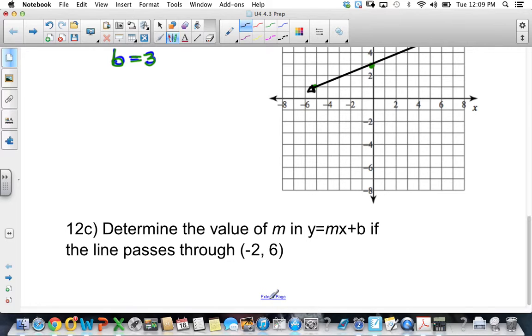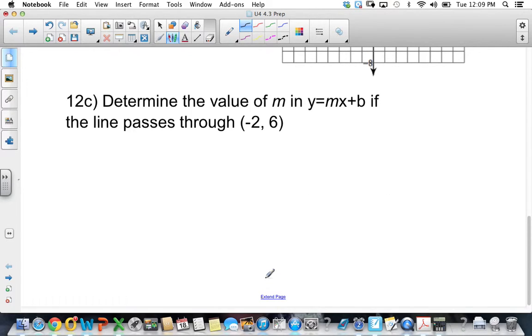It tells us to determine the value of m in y equals mx plus b if the line passes through this point. Well, you can't have more than one variable in order to solve for a variable. So if we're trying to solve for m, we also have y, and we have x, and we have b. So we have to be given some more of that information. In fact, it does tell us that b is 2 in the problem.